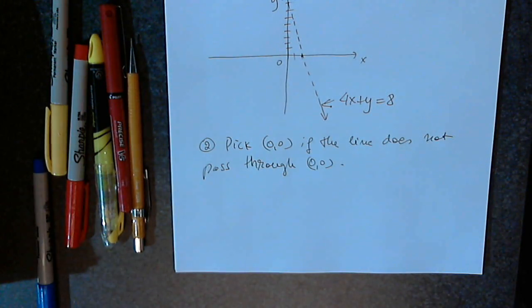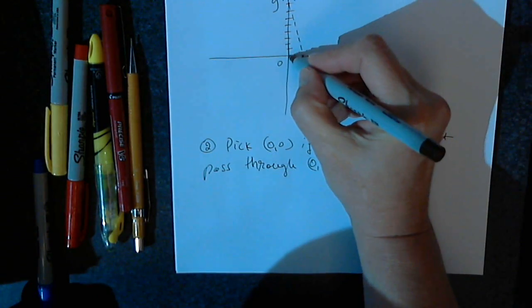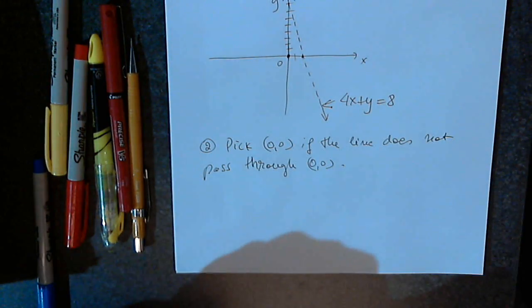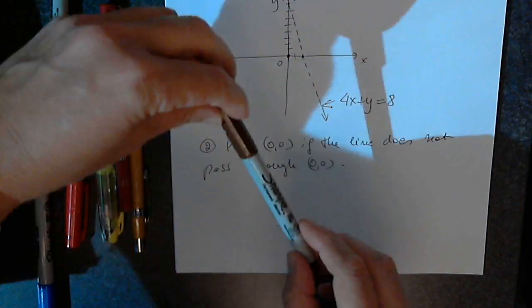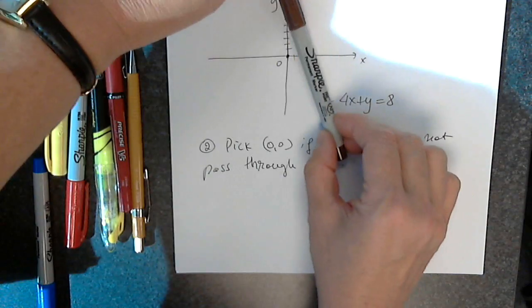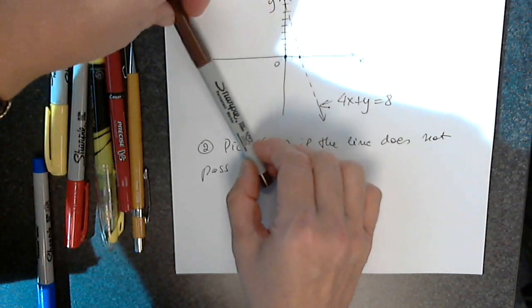If it passes through 0, 0, you cannot choose a checkpoint like 0, 0 in this case. So notice that 0, 0, or the origin, is on the left-hand side of the graph of the line, right here. So this is the region I'm checking.